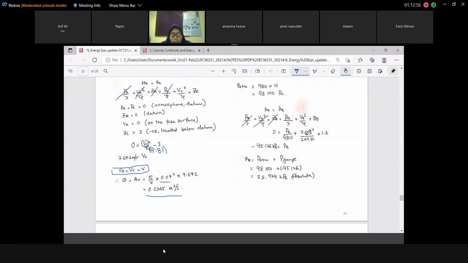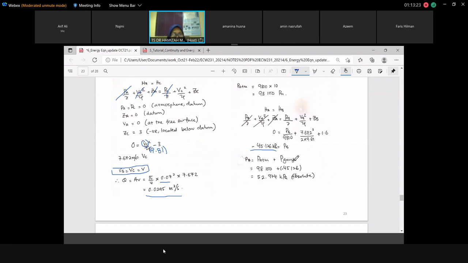The pressure we can calculate in kilopascal. Okay, and then when we calculate the pressure at point B, we need to consider that we calculate the absolute pressure. So absolute pressure is atmospheric pressure plus gauge pressure.